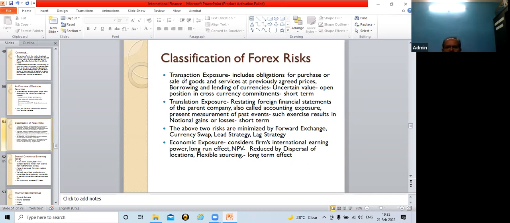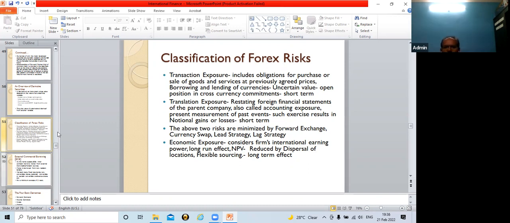Now, after transaction exposure and translation exposure, the third one is economic exposure. Economic exposure is the exposure which considers the company's international earning power. How much international earning power does the company have? Long run effect, NPV, that is net present value. Reduced by diversification of location, flexible sourcing, long-term effect.